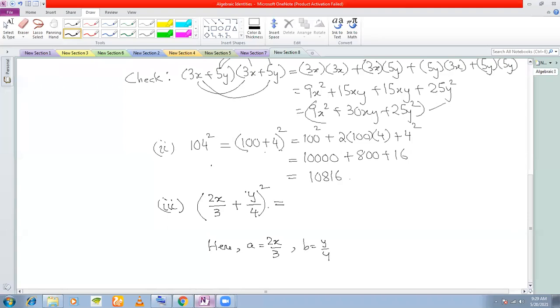So this is (A plus B) whole square form, which is equal to A square. A here is 2x by 3. So A square plus 2AB, right? So A here is 2x by 3, B here is y by 4, plus B square. I hope this is clear.